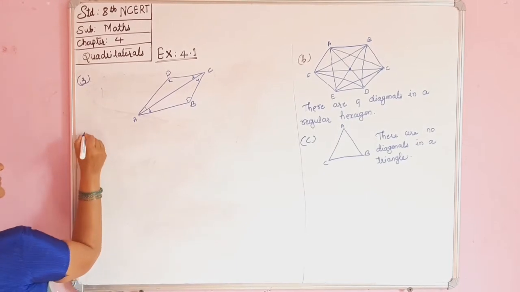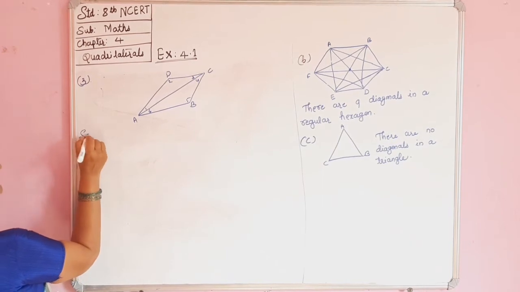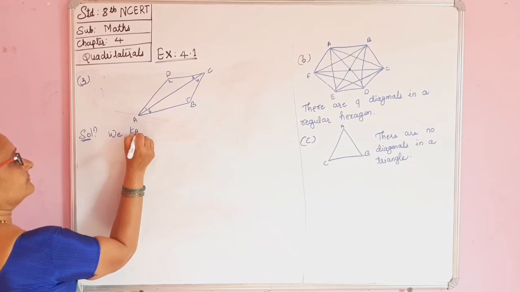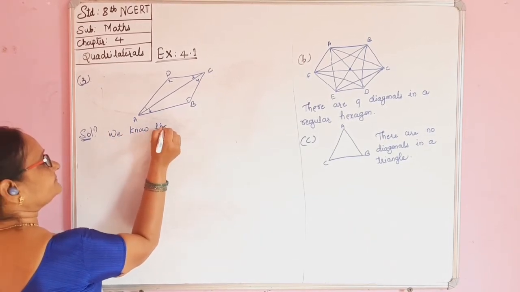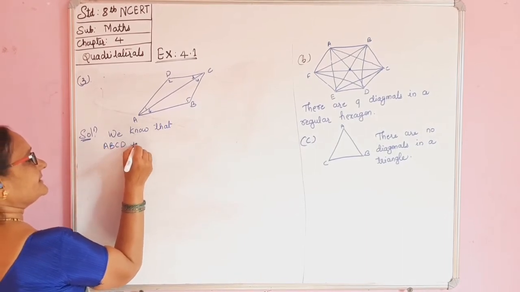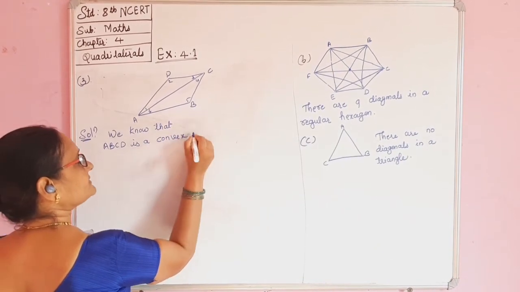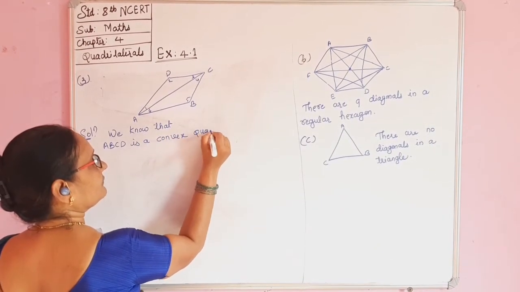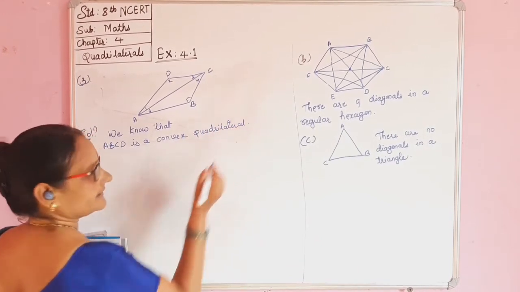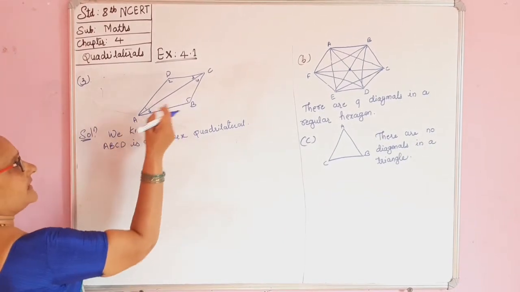Solution. We know that ABCD is a convex quadrilateral. In that AC is the diagonal. So what happens here?